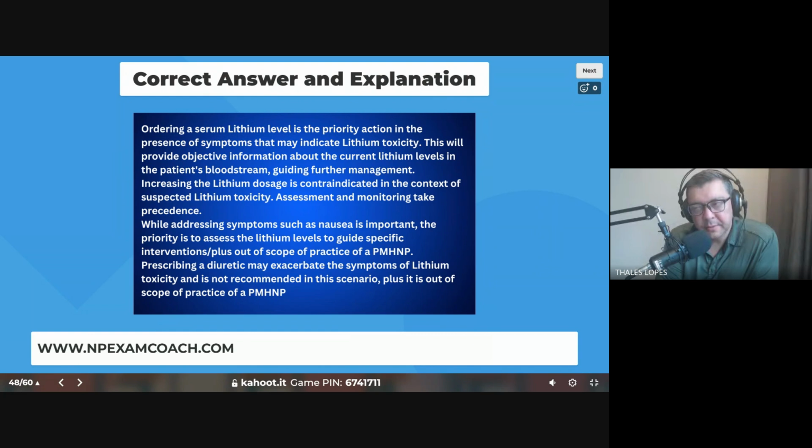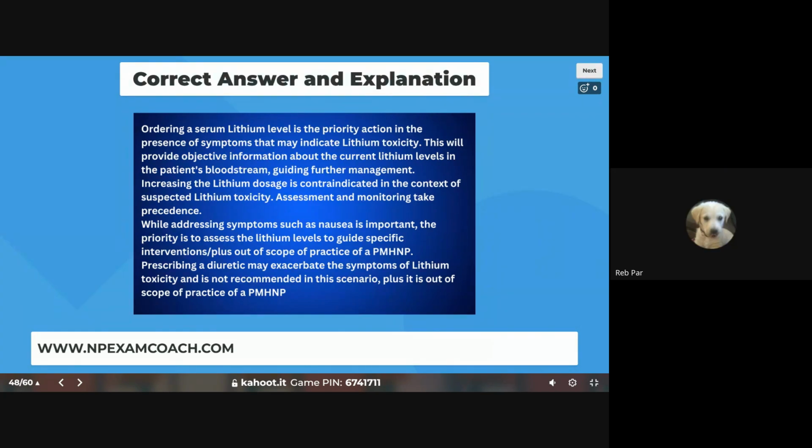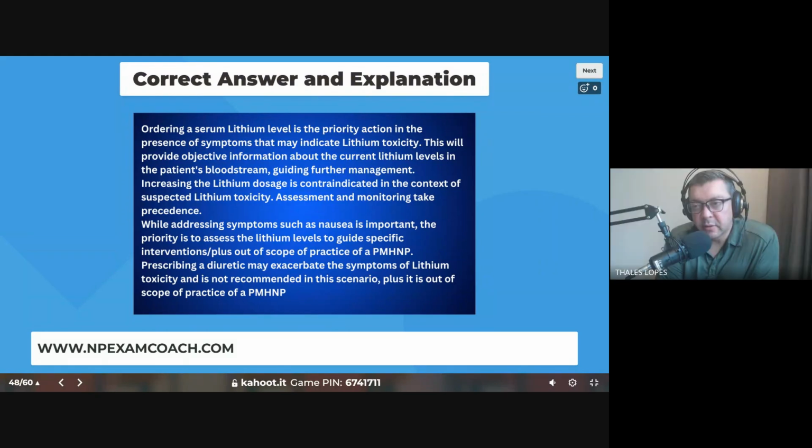Yeah, there was persistent nausea, hand tremors, and increased thirst. Okay. That is not toxicity. But it's persistent, right? Think of it this way: if you have persistent hand tremors, nausea, and vomiting for 3 days, say only 3 days. The question didn't say how many days. It said persistent. Anytime you have persistent, excessive, or other words like extreme, that is really telling you to stop the medication.